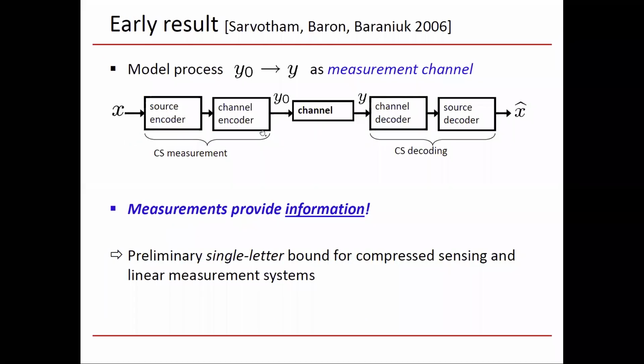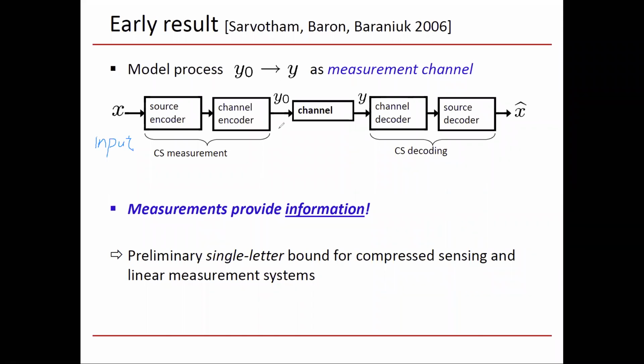And here's an earlier result for this type of model. This is a result from 2006. We model the process from the noiseless measurements y0 to the noisy measurements y as a measurement channel. Now, if you think about it, let's think about an analogy to a communication system. X is your input to a communication system. In a communication system, we have a source encoder, data compression, followed by a channel encoder, meaning that we're encoding the bits at the output of the data compression for the channel.